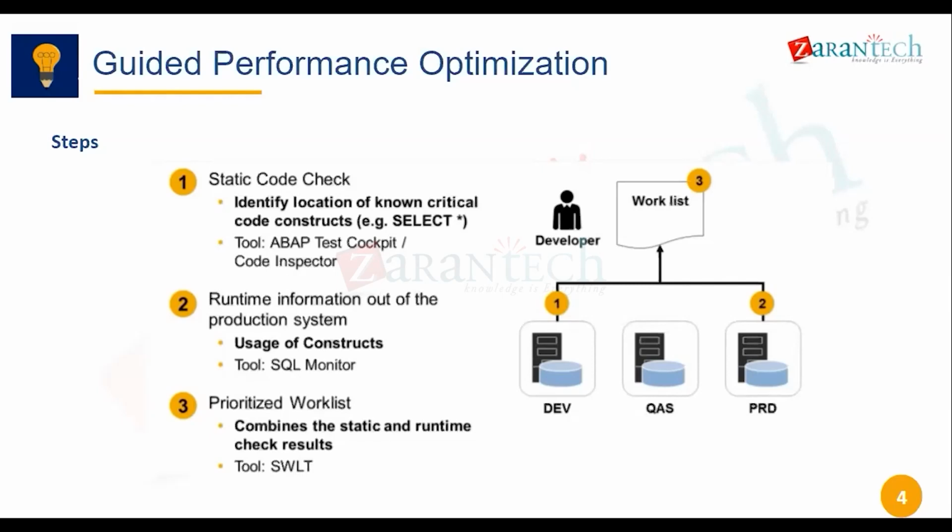So what are the prerequisites to run this SWLT? We must have run the SQL Monitor in the production system and created a snapshot of the data. As I said earlier, we export that snapshot and import it in the development system.